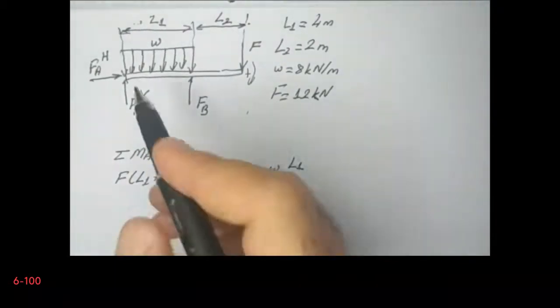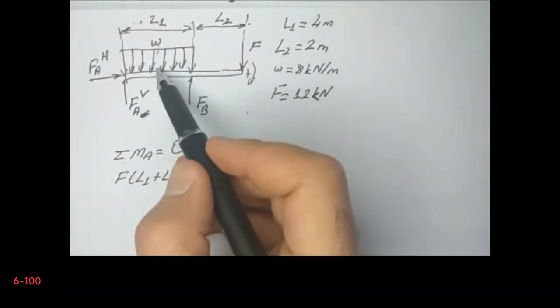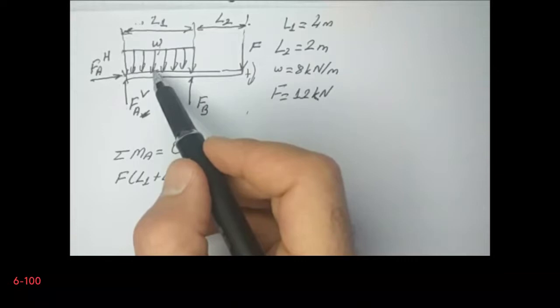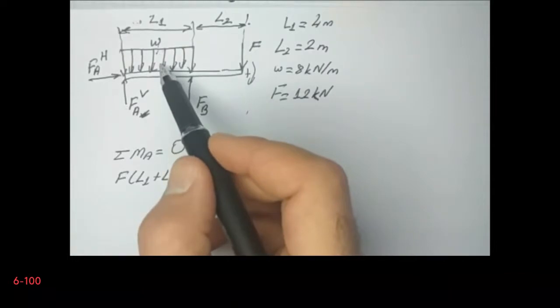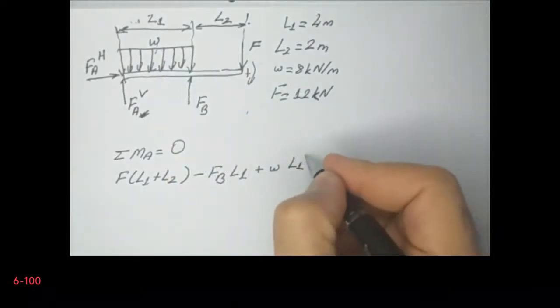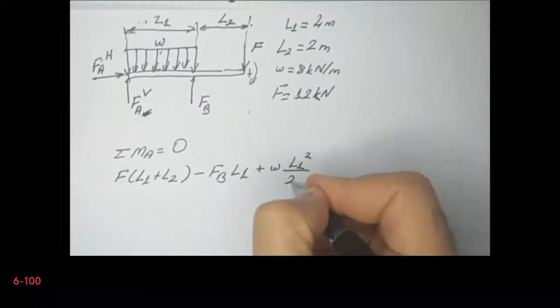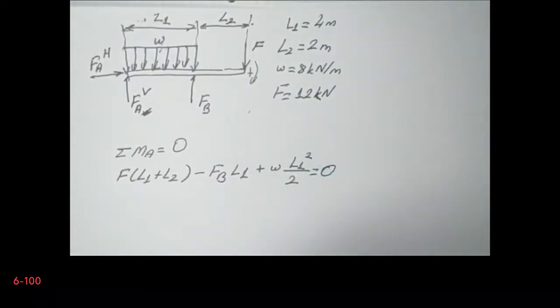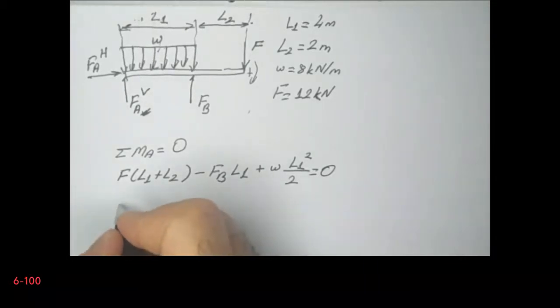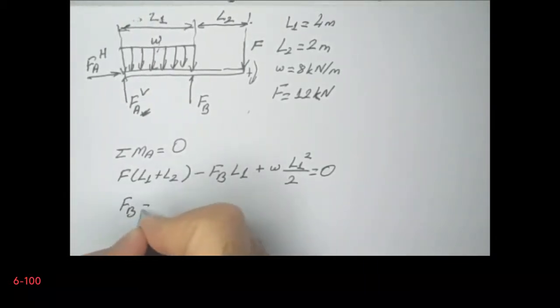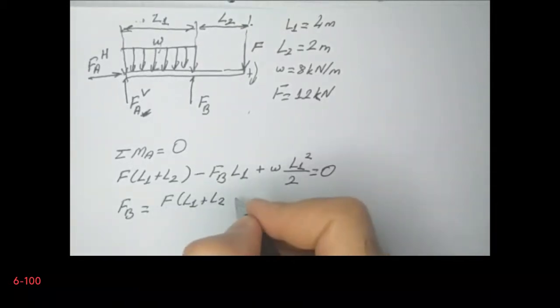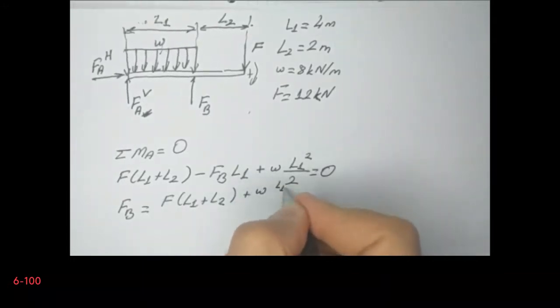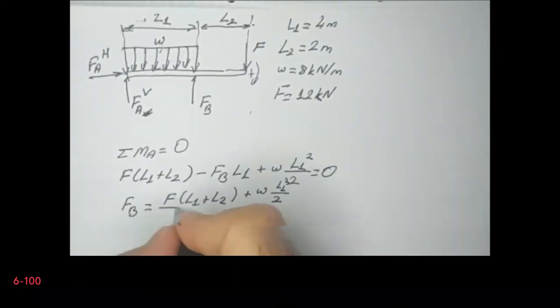Certainly the resultant force will be at the geometric center of this area, therefore it is L1 divided by 2. Finally I will have this expression, which is my moment equilibrium. From here I can calculate FB. So FB is equal to F multiplied by L1 plus L2, plus W L1 squared divided by 2, all divided by L1.